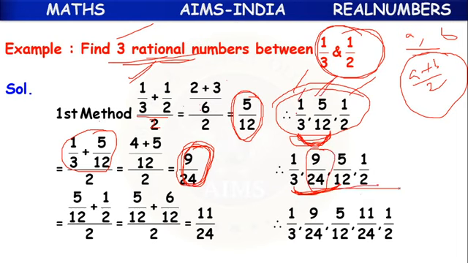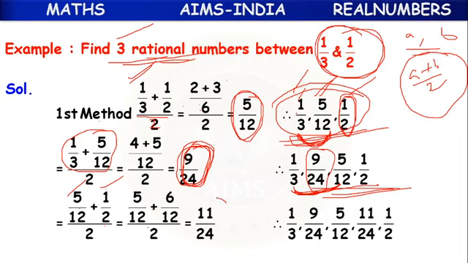So we will have 4 rational numbers. If we want the fifth rational number, what do we have to do? To the right side rational number, we have to add the middle one, that is, the middle one added to the right side rational number, 1/2.